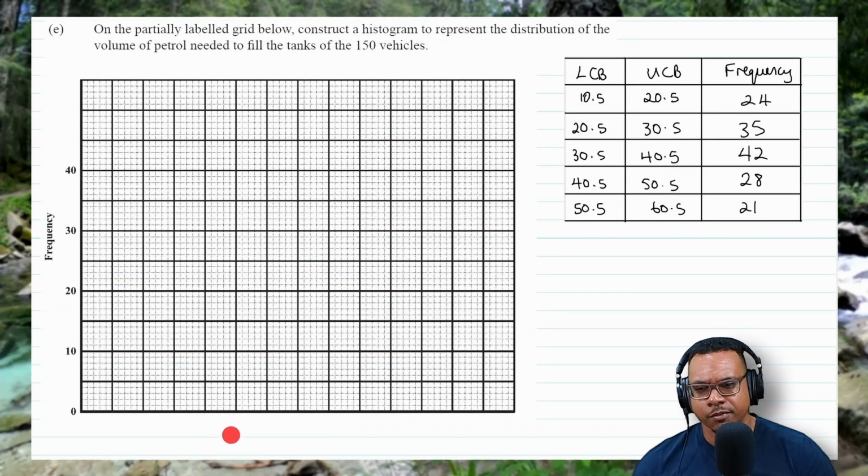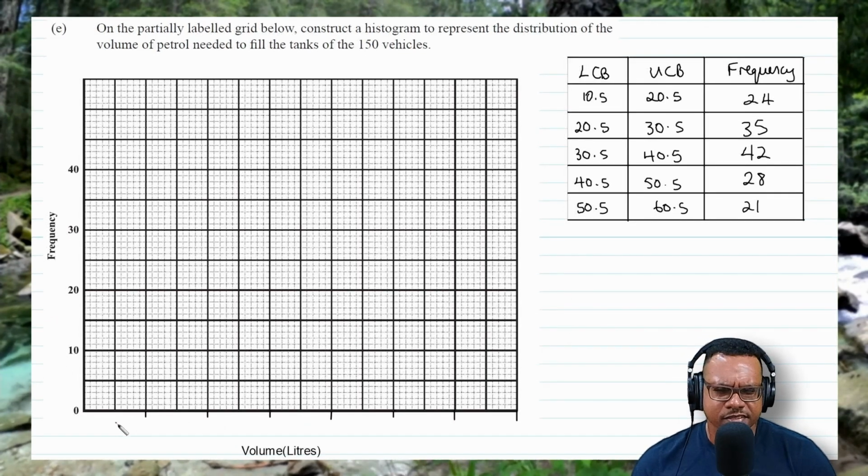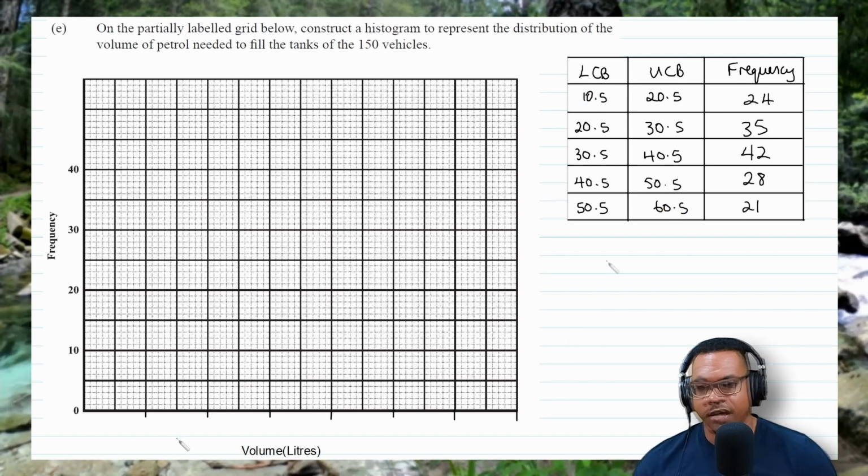So on my x-axis, I'm going to have my volume in liters. And now based on the space I have here, knowing that I have to go from 10.5 all the way up to 60.5, I can count in tens, every 2 blocks representing 10 units. All right, so 10, 20, 30, 40, 50, 60, and 70.